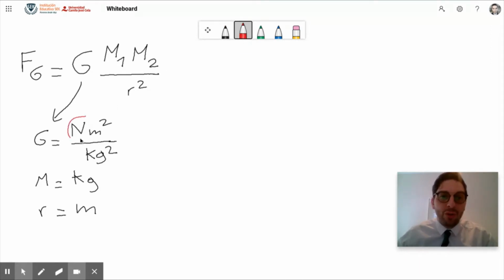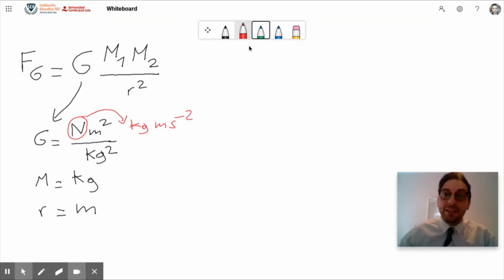The Newton. What is a Newton? A Newton, we all know, is kilogram meter over second square. Okay, why is it kilogram meter over second square? Let's see why.